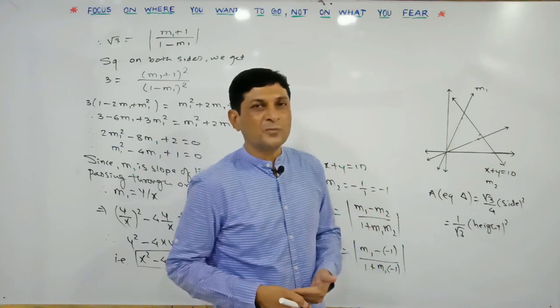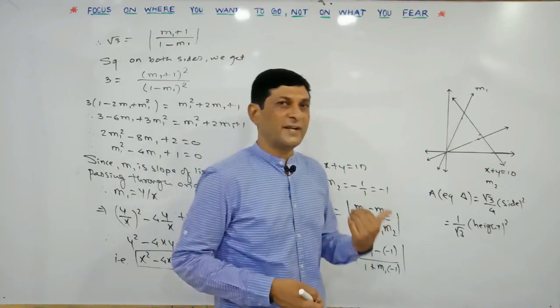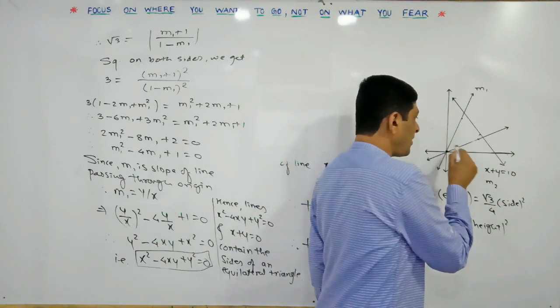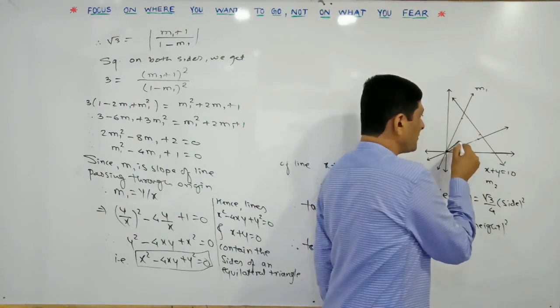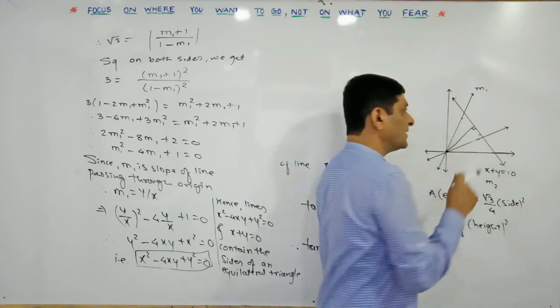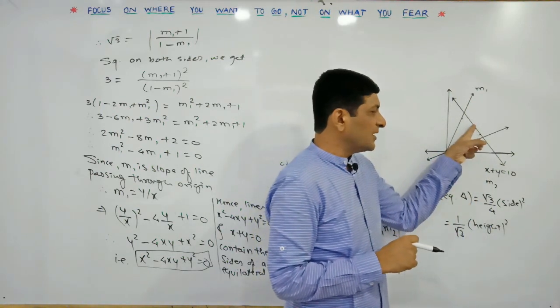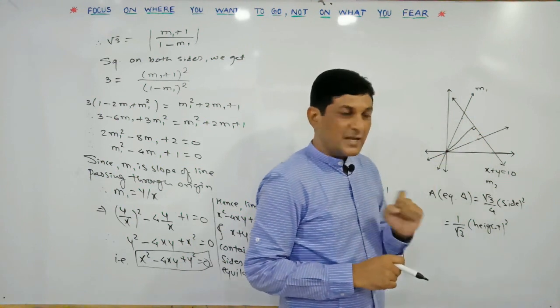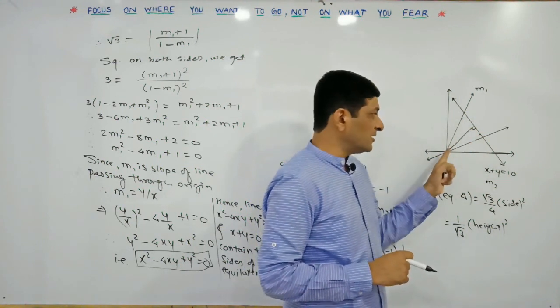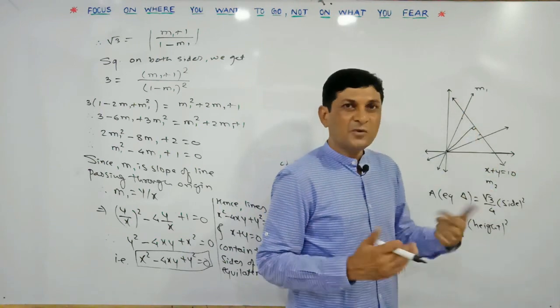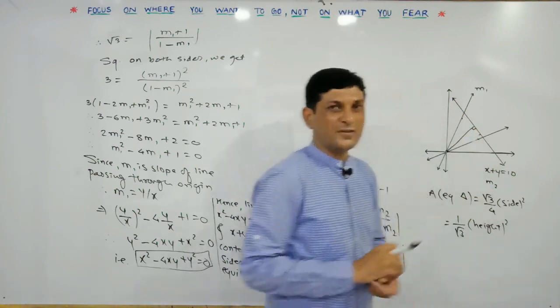Here we can easily observe that we are able to find the height. So height is nothing but the distance of this origin from this line. If a perpendicular is drawn from this vertex, the origin, on its opposite side, we will get the height of this triangle. And this height is nothing but the distance of the origin from this line. And we have a formula to find the distance of a point from a line.